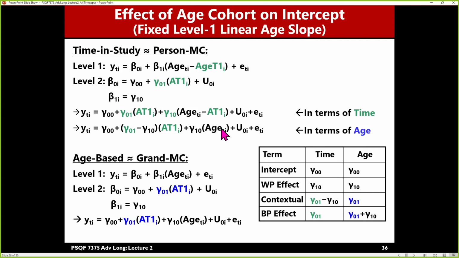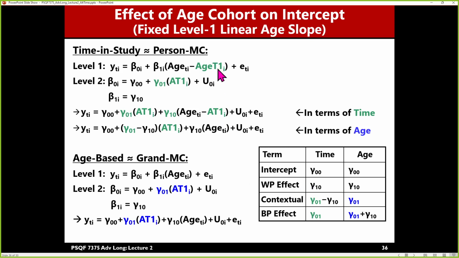So in these models, even though the variable that goes in at level 1, so the multiplier of beta 1 here, is time in the green model on top here, and it's age in the bottom model, even though it's a separate variable, its slope ends up being the same.